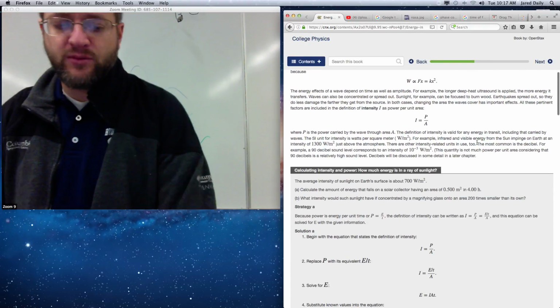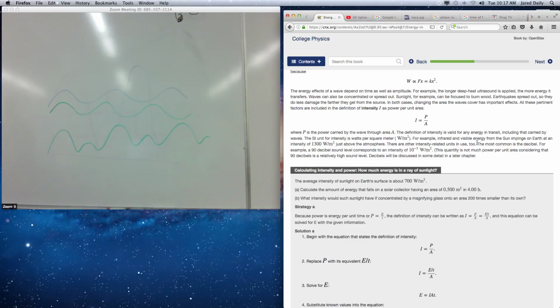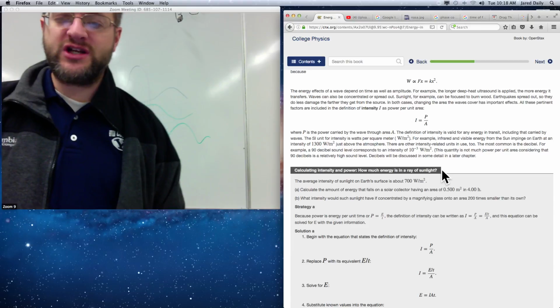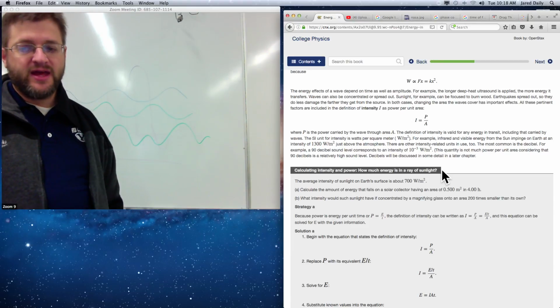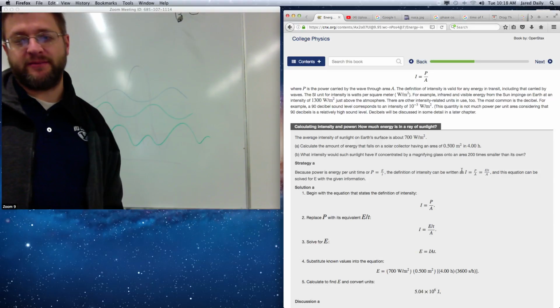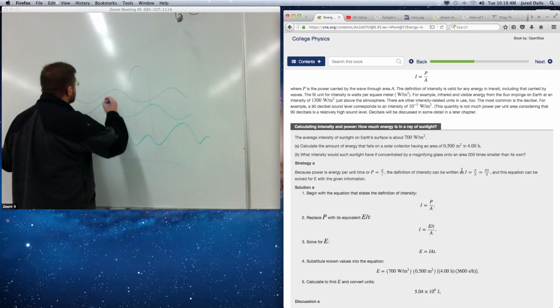So intensity we've talked about before. Have we? Yeah, we have. Intensity is power divided by area, and power is energy divided by time. So intensity ends up being energy divided by time divided by area. And if you wanted to calculate the energy, you would have intensity times area times time. But essentially, this is the equation we're dealing with.